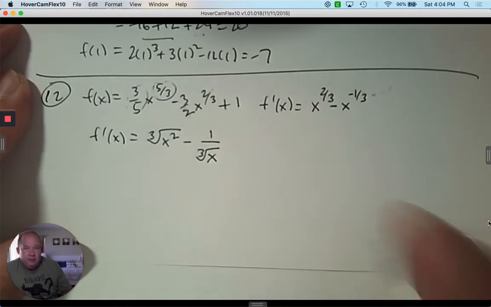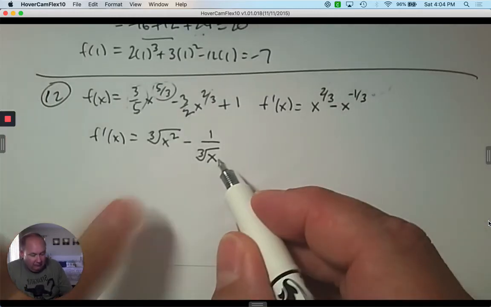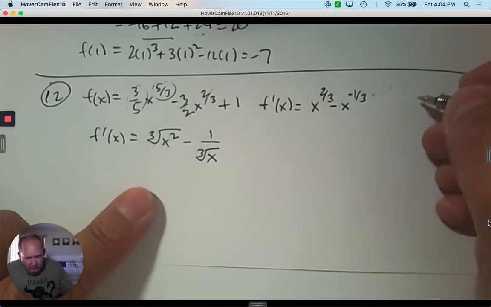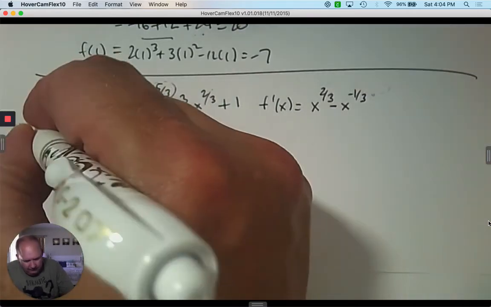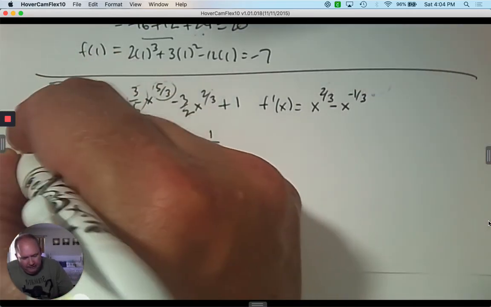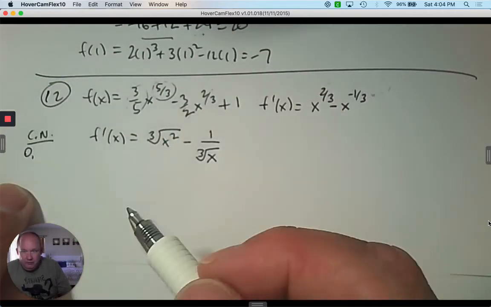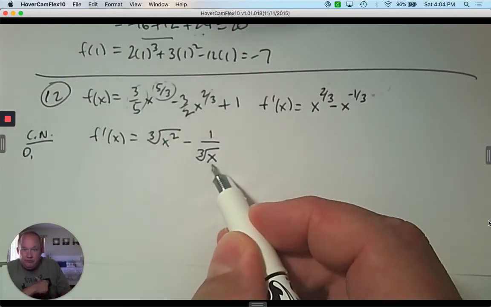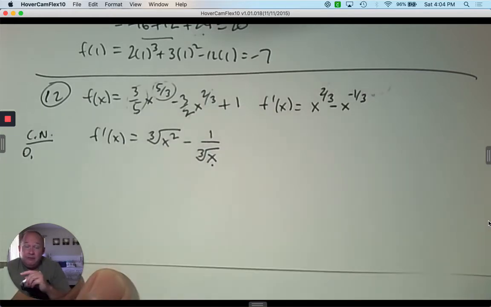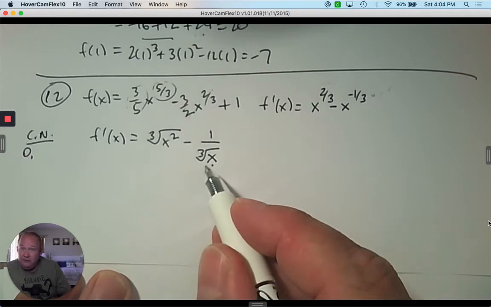If I don't write it with fractional or negative exponents, you can first see that one critical number is already at 0. So why is 0 a critical number? Because if I plug 0 into the derivative, it's undefined. If there's a value that makes the derivative undefined, it's a critical number, and I see it at 0.